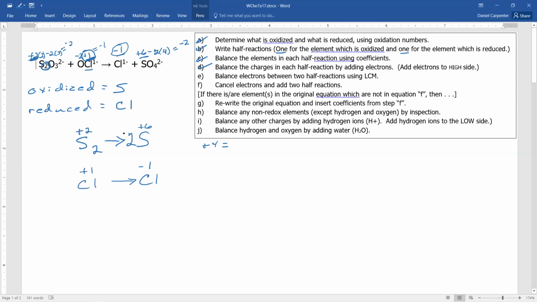And then 2 times 1 times 6 is +12. Remember, we're adding electrons, which is subtracting. So 4 is 12 minus 8. And this -8 becomes +8 electrons.